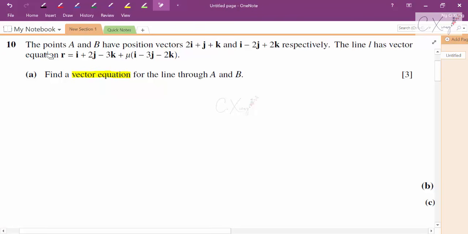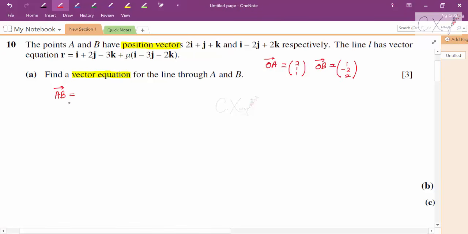Okay, so we will find out the direction of the line first. For myself, I want to find out AB. Okay, so in this question, they actually give us the position vector for A and also B, which means that your OA should be equal to 2, 1, 1, and your OB will be equal to 1, negative 2, and 2.